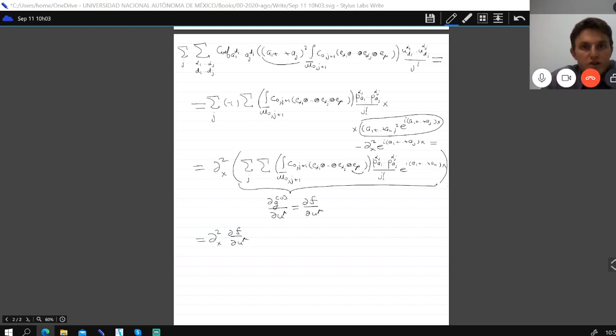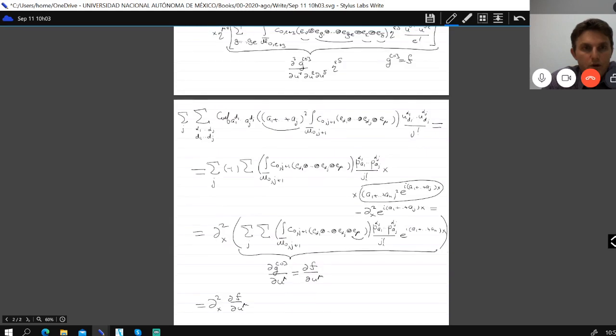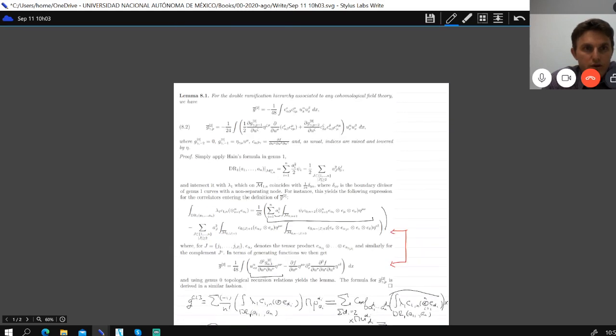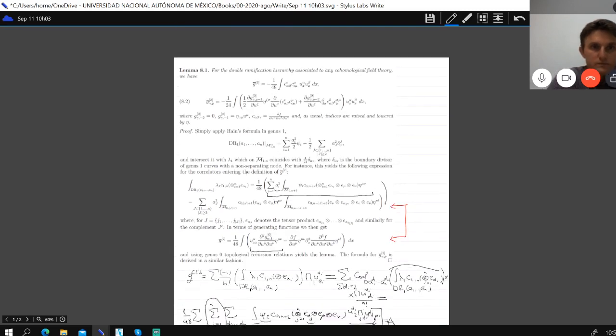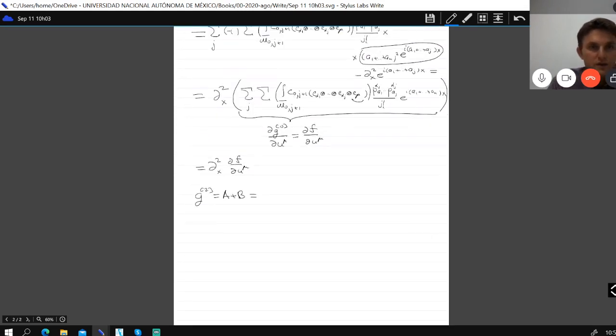Okay, and then we just collect everything. So what we get is that g2 is equal to a plus b, where a is this integral.